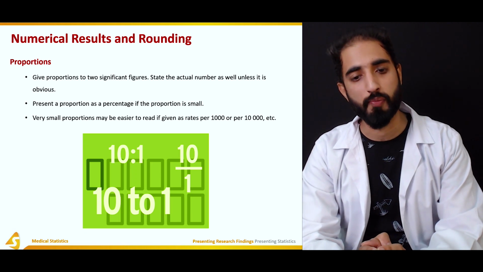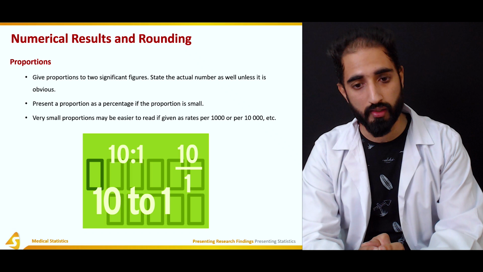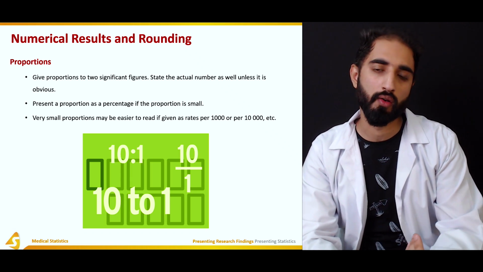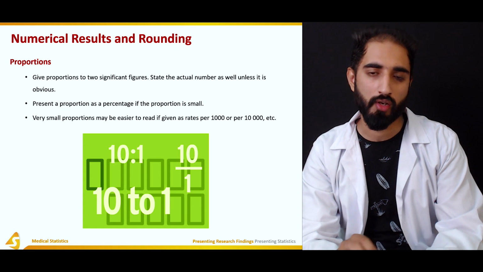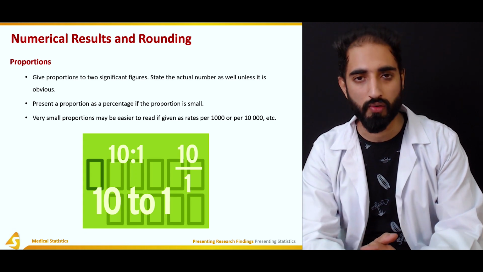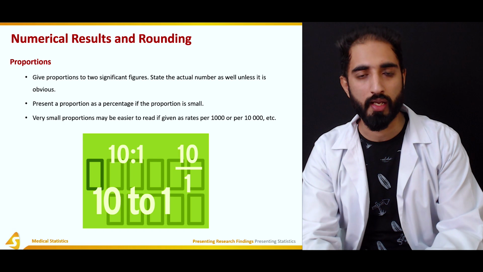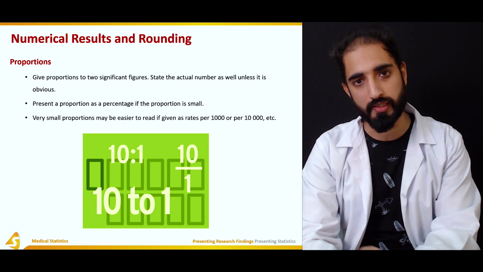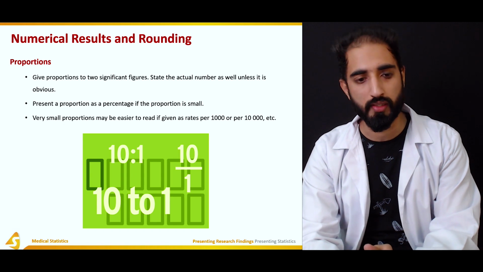Present a proportion as a percentage if it is small, like for example 1 out of 100 or 2 out of 100, which will come as 0.0 something. So just give it as 2 out of 100 means 2%, 1%, instead of giving decimal places.